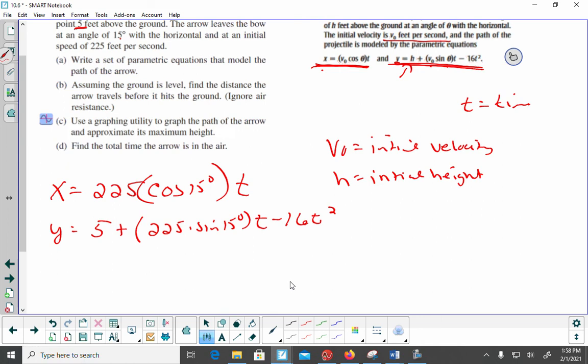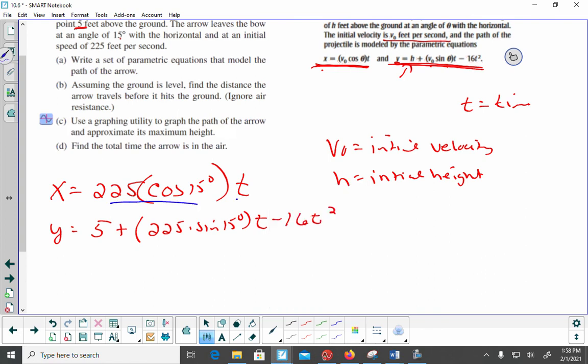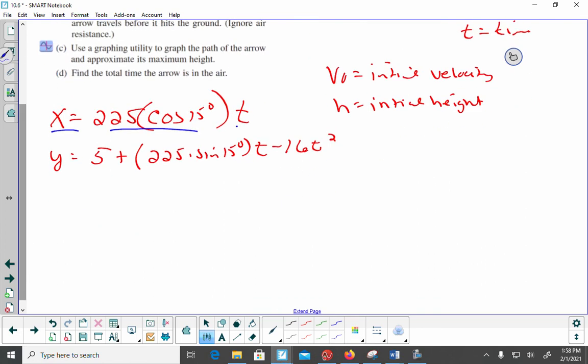So what I'm going to do is eliminate the parameter by solving for t in one of the equations. The easiest equation to solve for t is going to be the x equation. So I am going to look at this x equation. I'm going to solve for t. When I do that, I'm going to say x over 225 cosine 15 degrees is going to equal t.